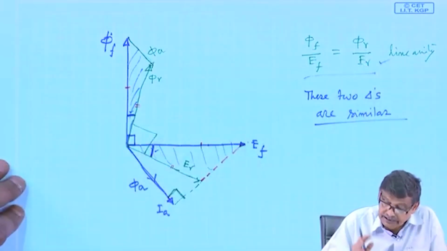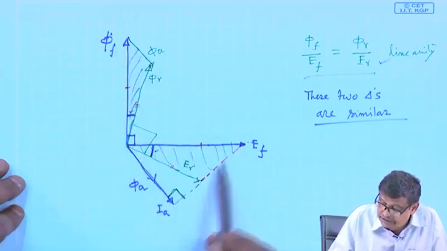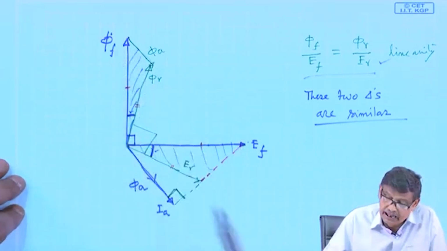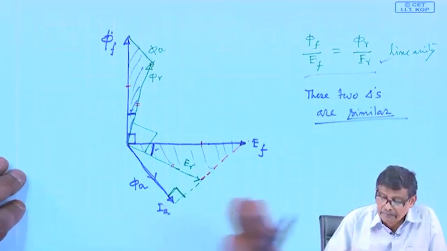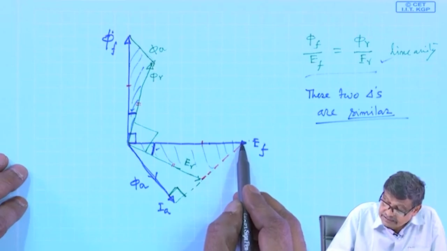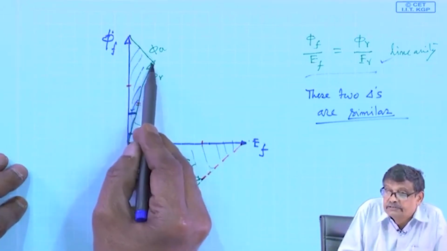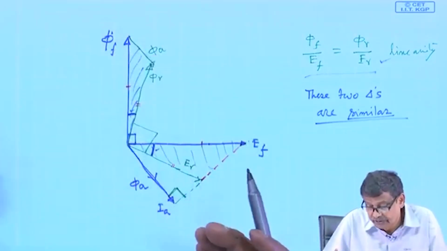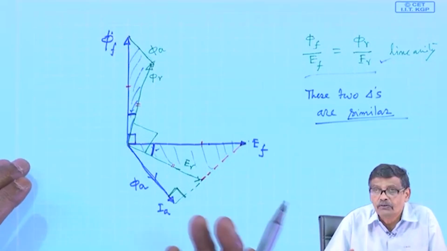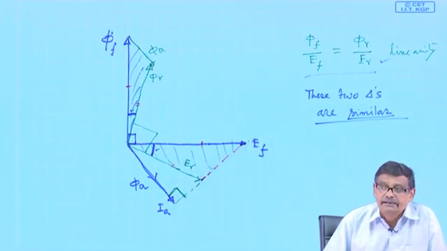If that is the case, then we argue, consider these two shaded triangles, and the conclusion is they are similar triangles. If they are similar, then this length has to be perpendicular to this length, because all the sides have undergone a rotation of 90 degree in the clockwise direction. Therefore, this angle is 90 degree.